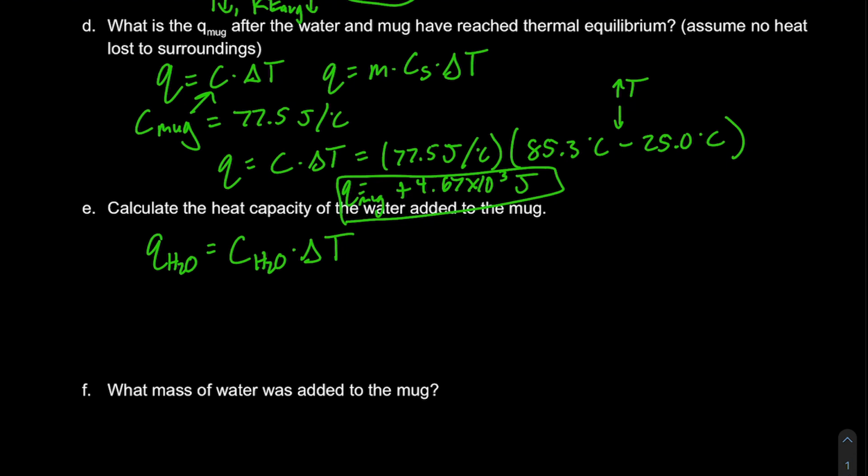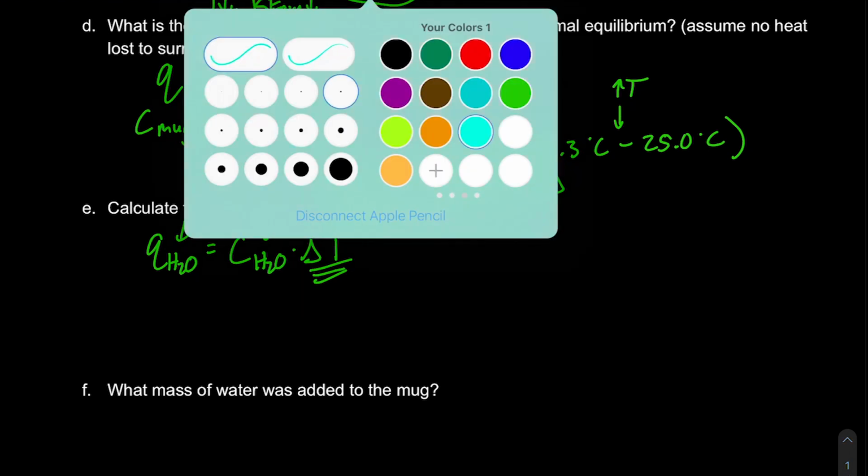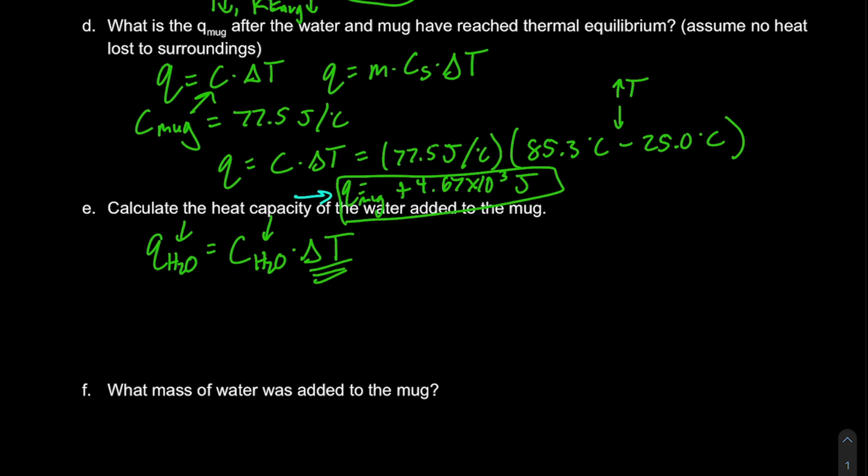But in order for us to know what our heat capacity is, because we do know what our temperature change is, we know our initial and final temperature, we got to be able to know what the Q of our water is, so how much heat the water gained or lost. Well, we bring that back to something we've already identified. We already know the Q of the mug.